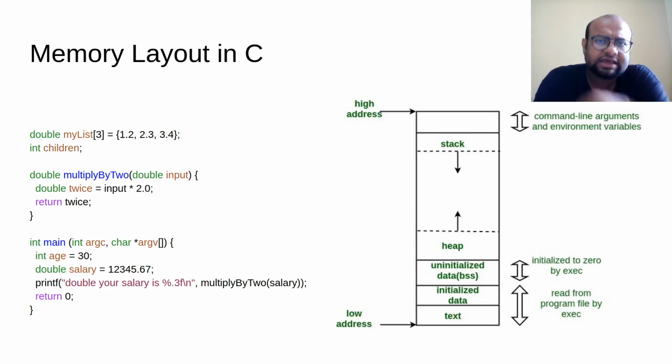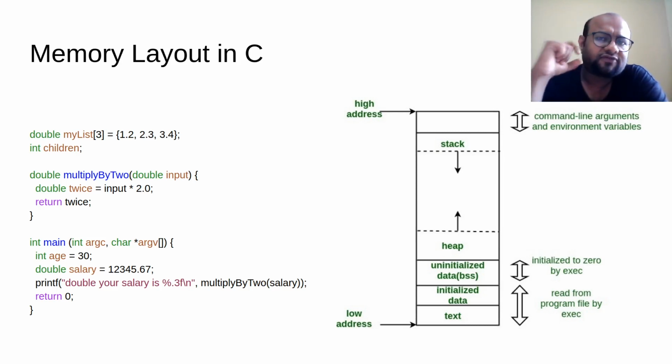This text memory, also known as code memory, contains the actual code, the actual program, the instructions that comprise your program. Your program is essentially instruction after instruction that the processor can process. So all this machine code would be there in the code memory, in the text memory.